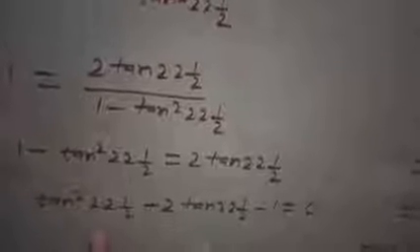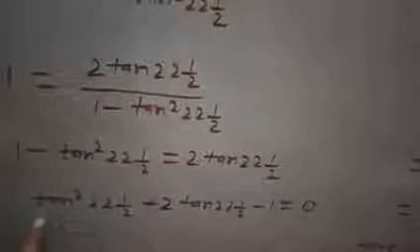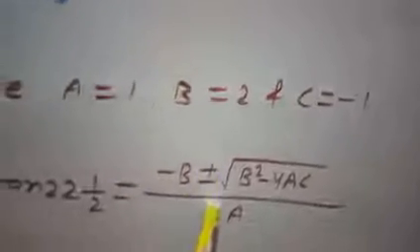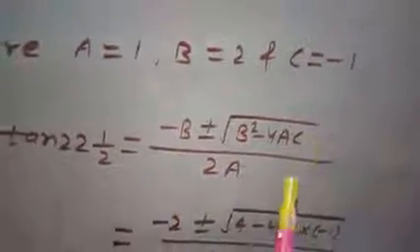Now this is a quadratic equation in tangent form. So here if we apply the Sridharacharya method, A equals 1, B equals 2, and C equals minus 1. So tan 22.5 degree equals minus B plus minus under root B square minus 4AC upon 2A, that is the Sridharacharya formula.